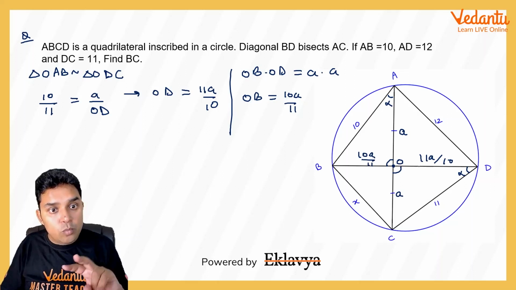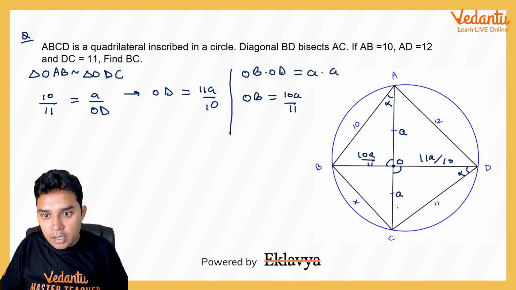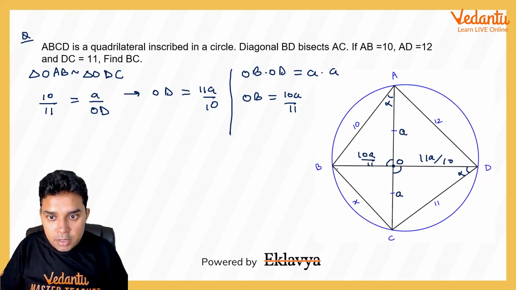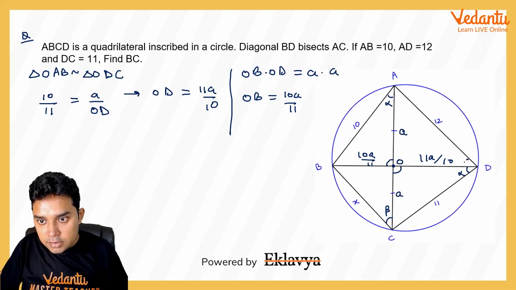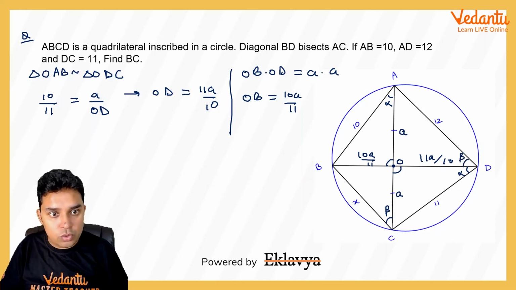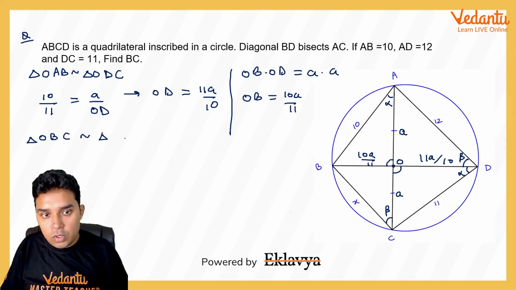Now there are two more triangles which are similar, and they are, please see, because this BA will subtend, let us say, angle beta here, and this will subtend the same angle beta here also. So which two triangles will be similar? I think OBC will be similar to OAD. Yeah.